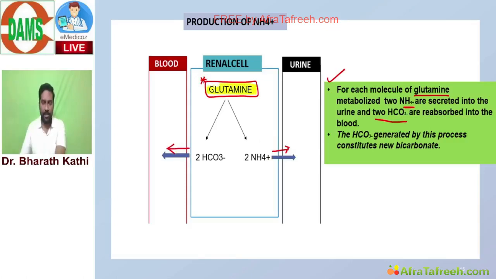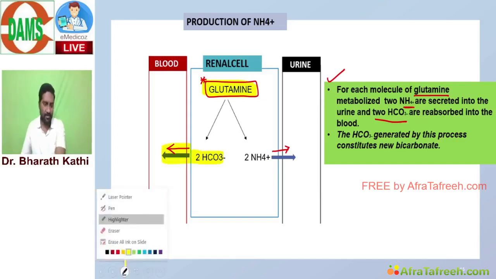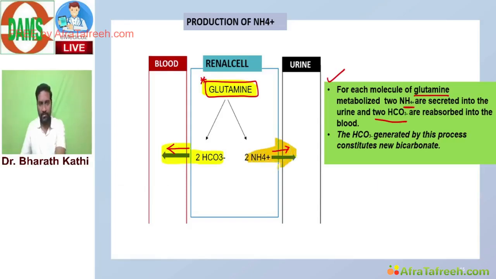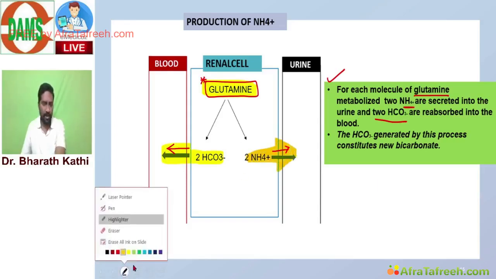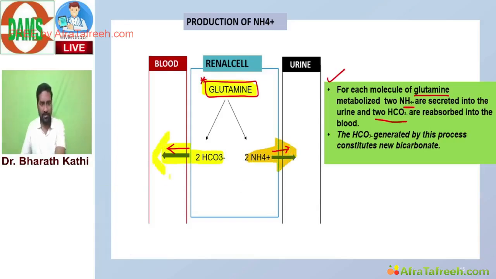If glutamine is metabolized in the renal cell, depending upon the body's requirements, what is coming into your blood? 2 bicarbonate is coming into your blood. What is going out into the urine? 2 NH4 plus is going out into the urine.